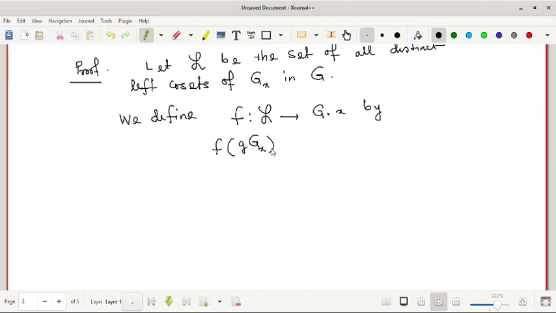Okay, gGx, we define it to be some element of G dot x. What is the most natural way to define? The most natural way to define is g dot x for every g belonging to G. Right?